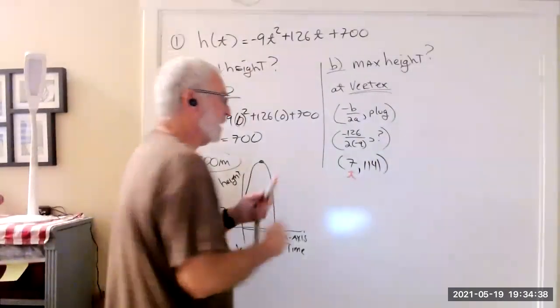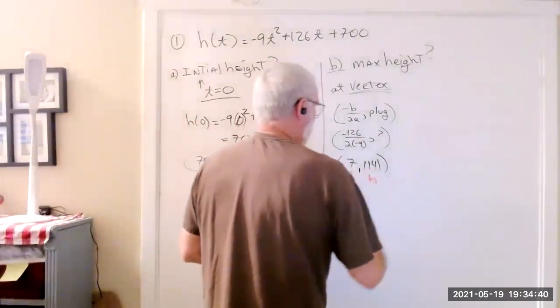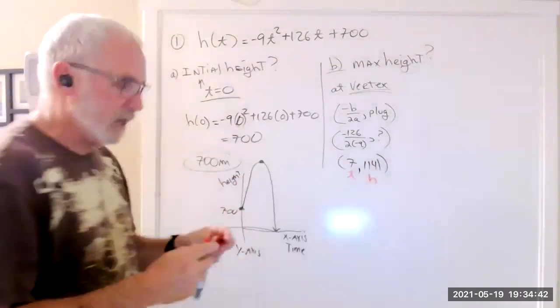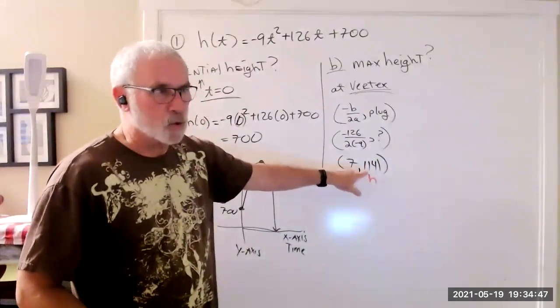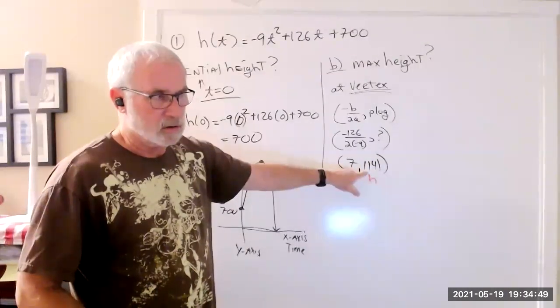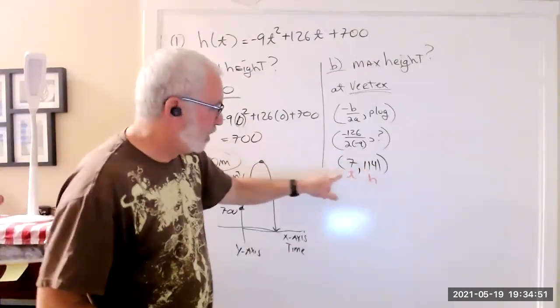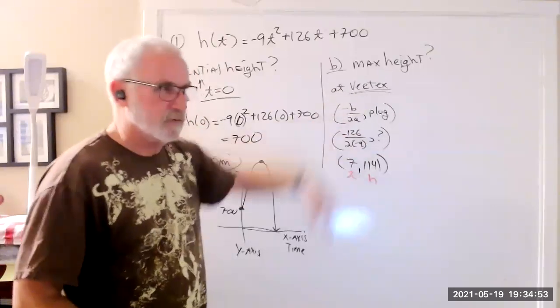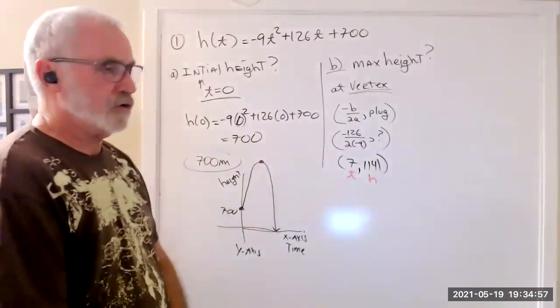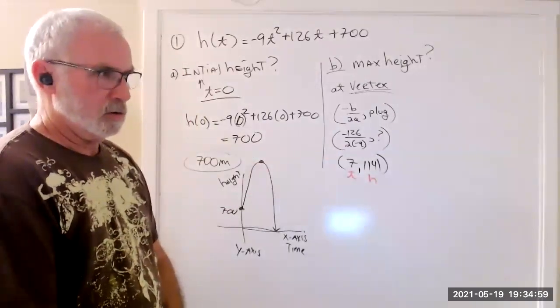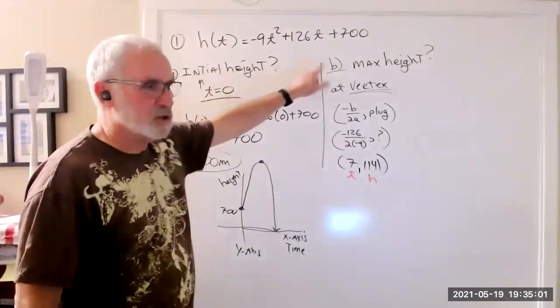Okay, so this is my height. Now, hang on. If you just say, oh, 7 comma 1141, you're wrong. What was the question for part B? What was the question?